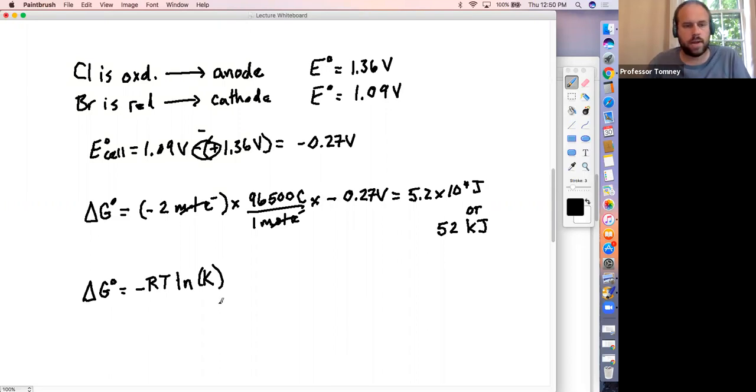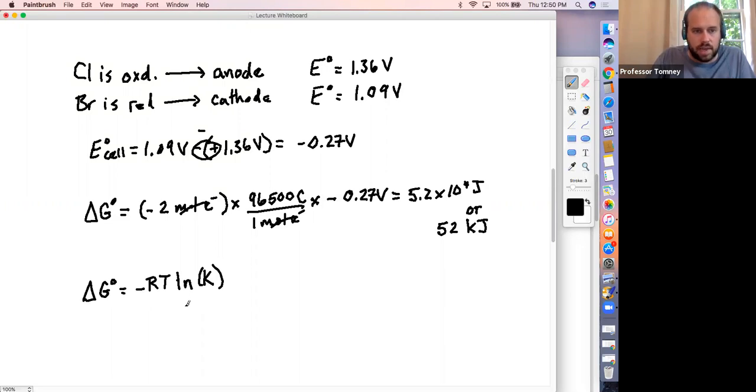Don't get confused because we have a little k that we refer to when we talk about rate constant laws. In order to solve this, I'm going to need to algebraically rearrange and get K by itself. So I could divide through by negative RT to get negative delta G over RT, and that leaves just the ln of K.